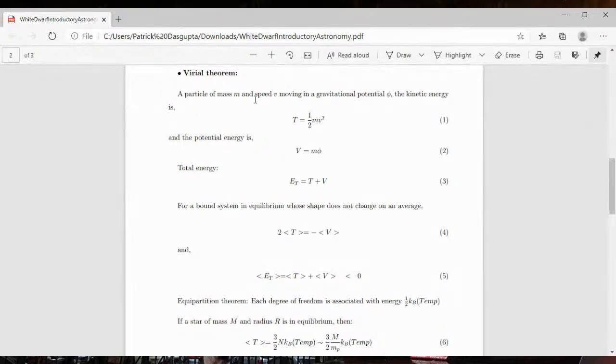Because there are many particles, there'll be a potential energy for every particle, and hence the total kinetic energy will be the sum of the kinetic energies of the type half m1 v1 square plus half m2 v2 square, etc. Similarly, the gravitational potential energy will be m1 times phi at the position of m1 plus m2 times phi at the position of m2 and so on. And one can, for the entire system, write down the total energy to be total kinetic energy plus total potential energy.